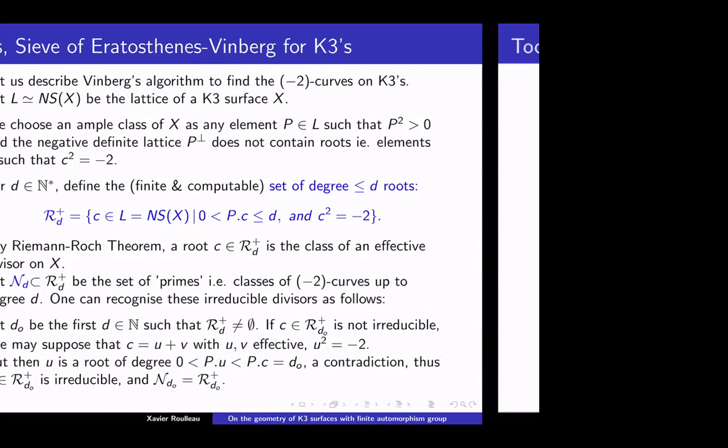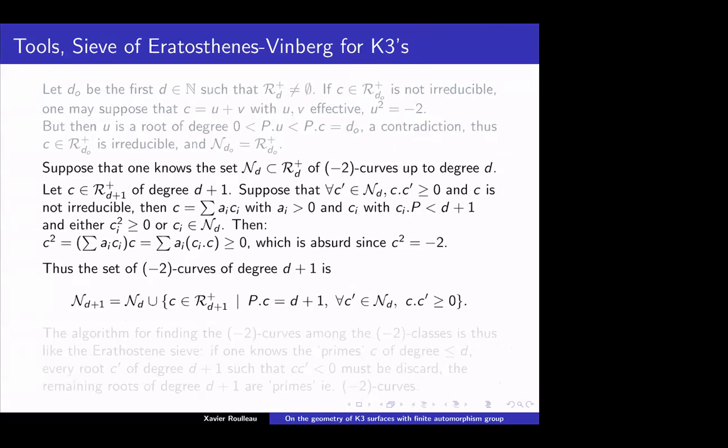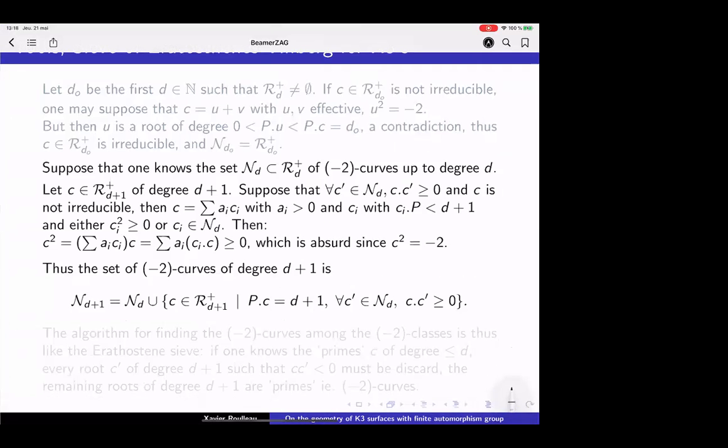Okay, so in that slide, I repeat, the first four lines are copy paste of the last four lines in the previous slide. Now you suppose that you know the set of -2 curves up to degree d.